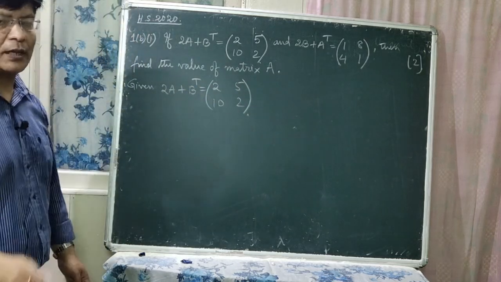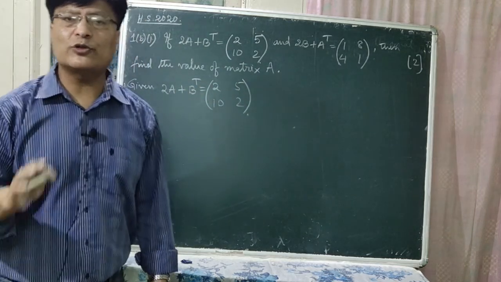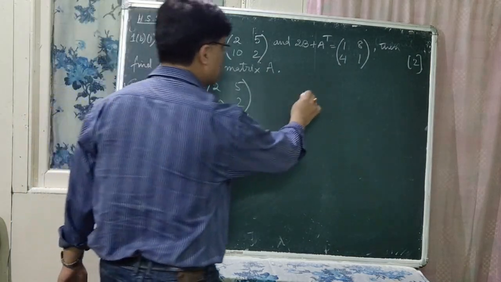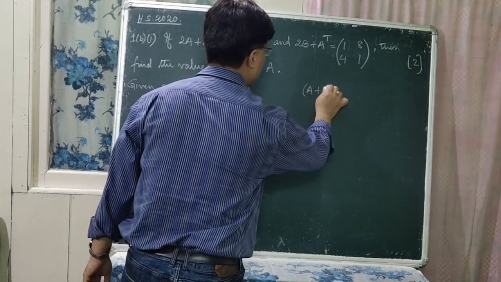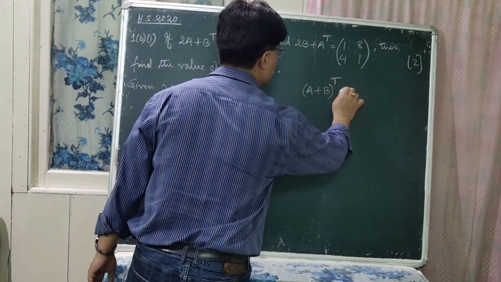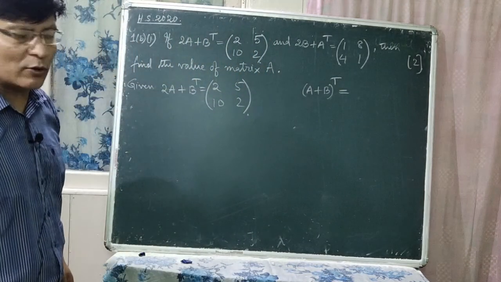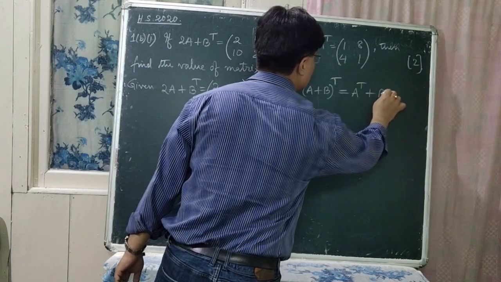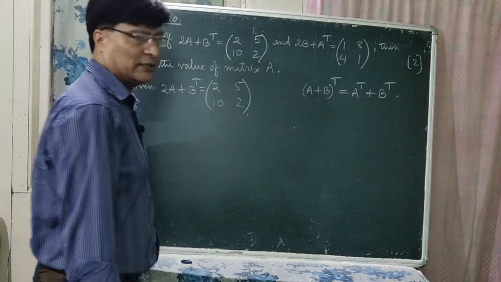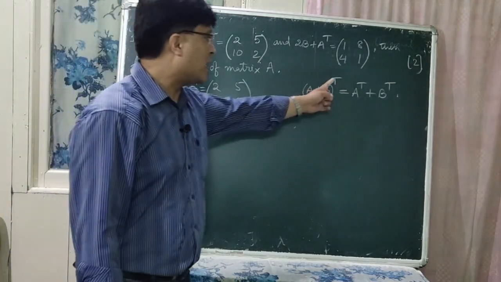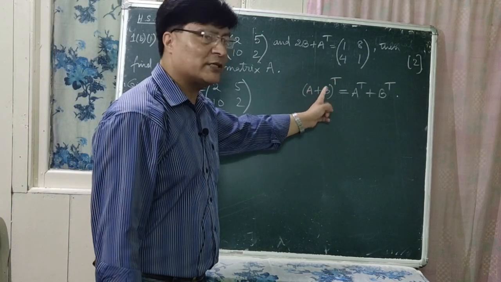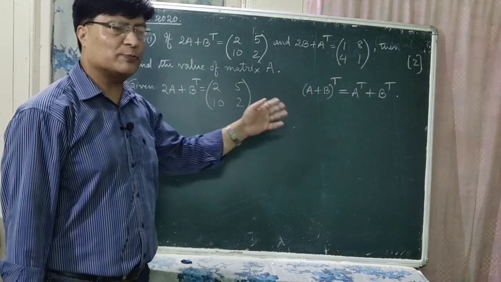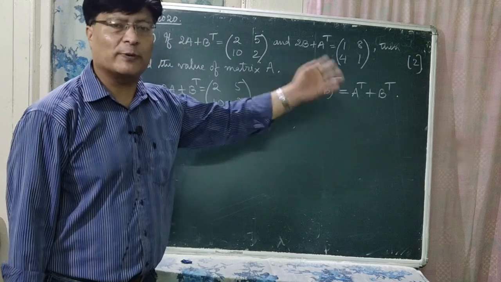Right. Now in this case, you should know the properties of transpose of a matrix. I told you about that one also. That is, if you have A plus B transpose is equal to, what is the property here? It is A transpose plus B transpose. You should know it. That is, transpose of the sum of the 2 matrices is equal to sum of their transpose. Like A plus B transpose is equal to A transpose plus B transpose.